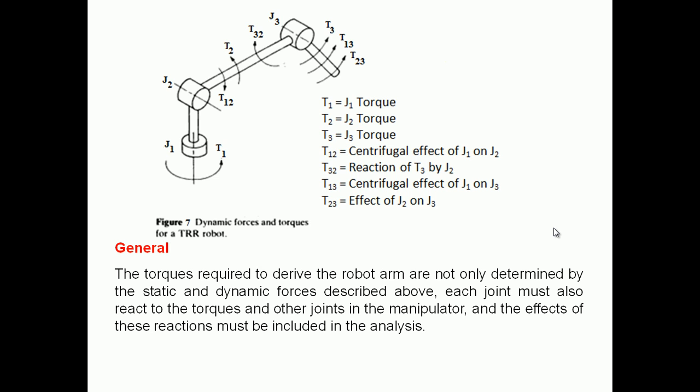So if you are designing any kind of robot, you have to come across static and dynamic forces. Apart from these torques, you have to know that each joint must react to the other joints, and that is very important.